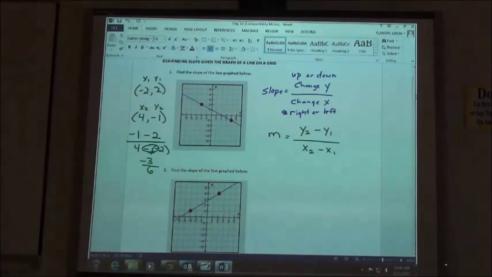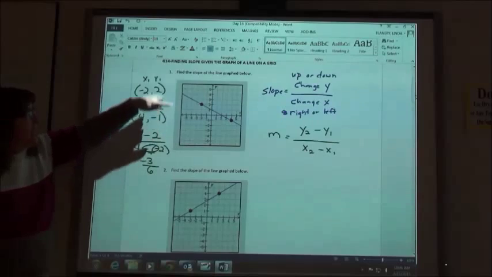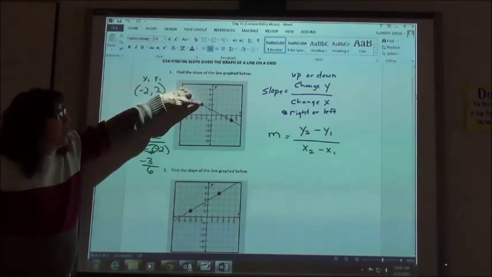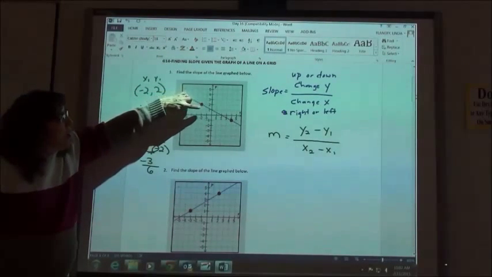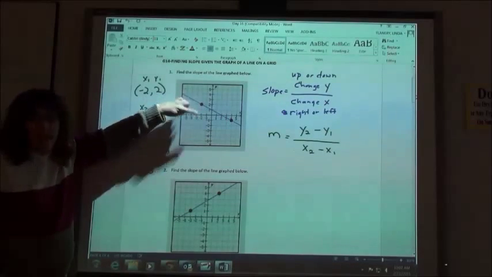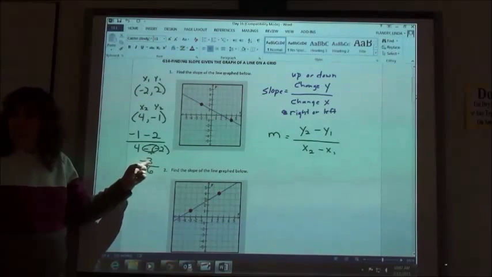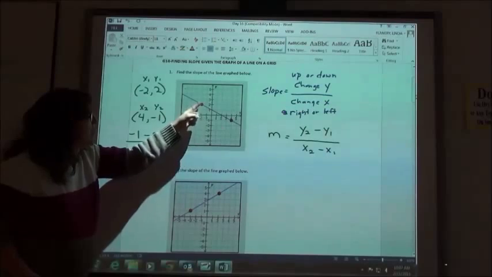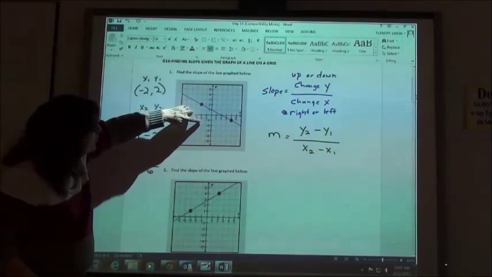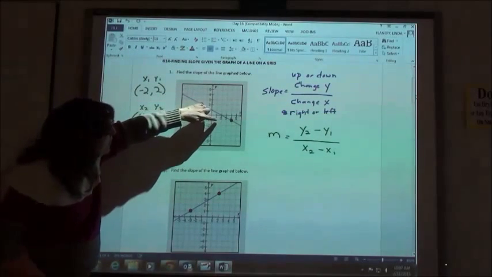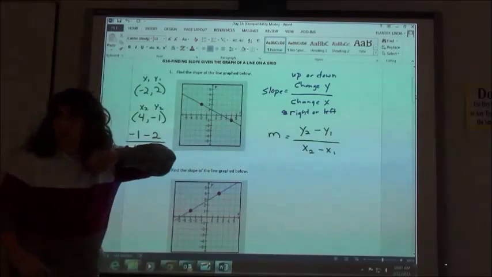Now before I simplify that fraction, if I look at my graph to see what this actually meant, if I started here, the change in my y direction, I had to go down 1, 2, 3. That's the -3 on top. The change in my x direction, after I went down 1, 2, 3, I have to go 1, 2, 3, 4, 5, 6 to the right.